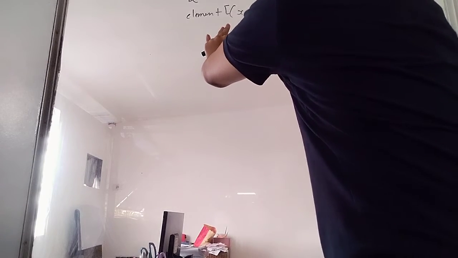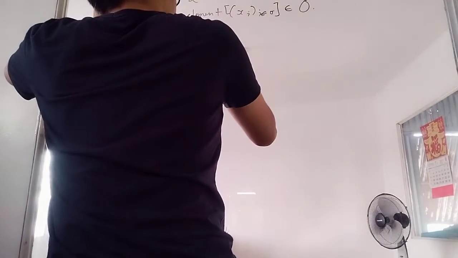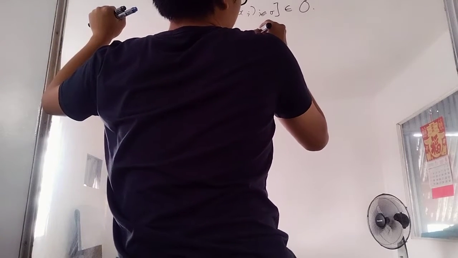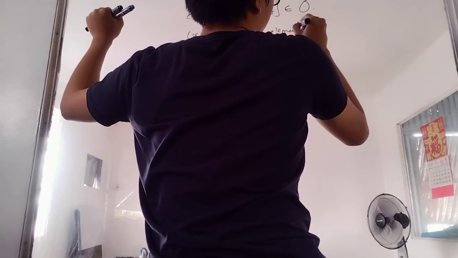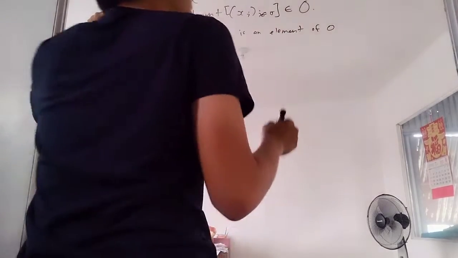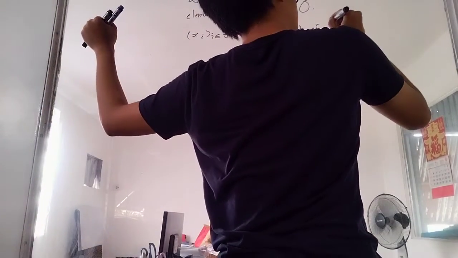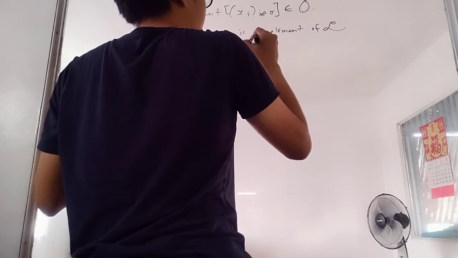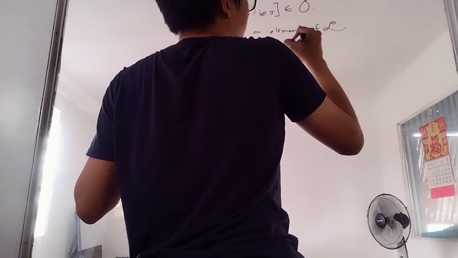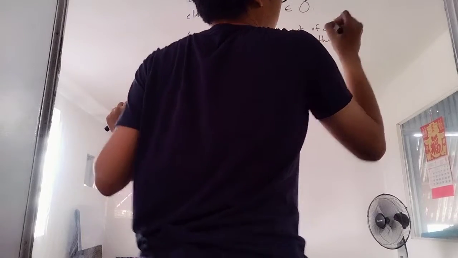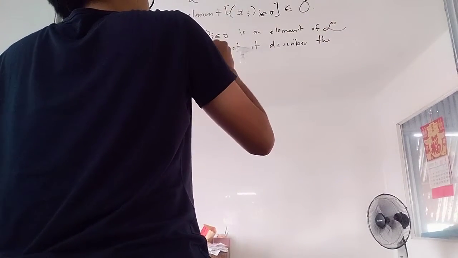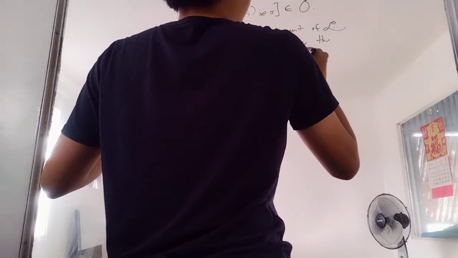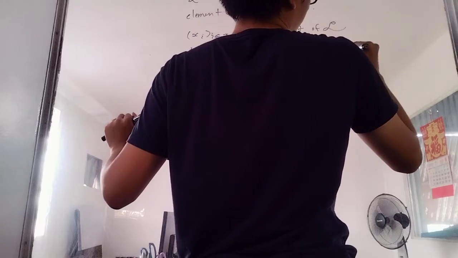So X sub I, J is an element of O, of L, math cal L, such that it describes the sexual orientation of a person B.